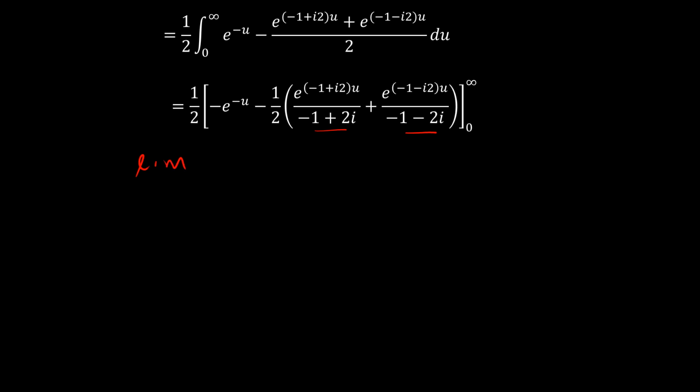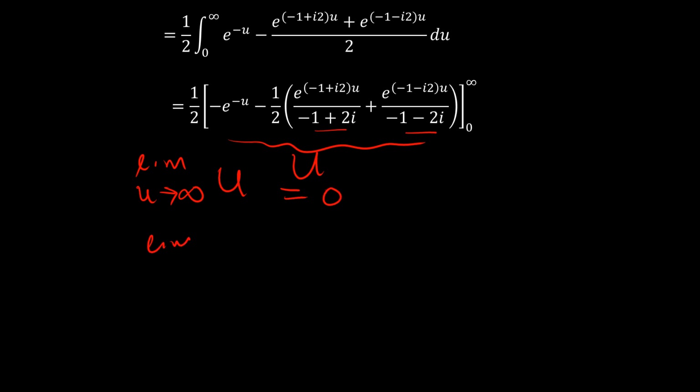And now as u tends to infinity for the upper limit, we see that this part goes to 0. This part also goes to 0, because e to the power negative u, as u tends to infinity, tends to 0. And the same for this part, so this entire part goes to 0 at the upper limit.